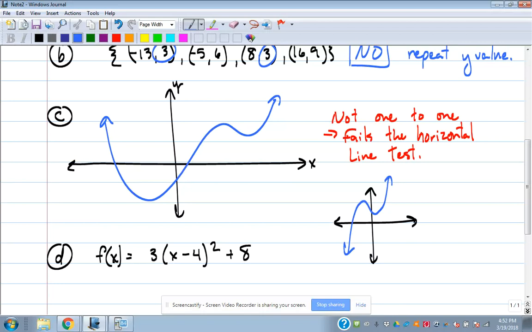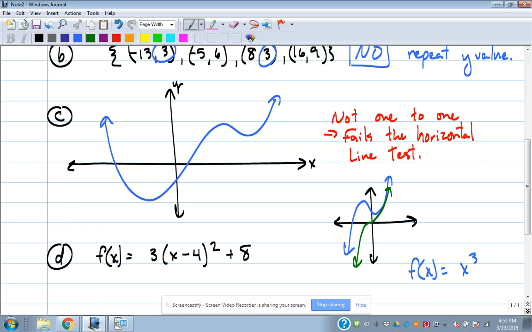But could a cubic pass the horizontal line test? Yeah. Here's an example: f(x) = x³. If you graph that, it'll pass, because the hump in the middle is not tall enough to intersect twice.